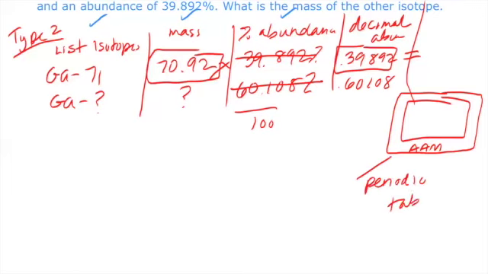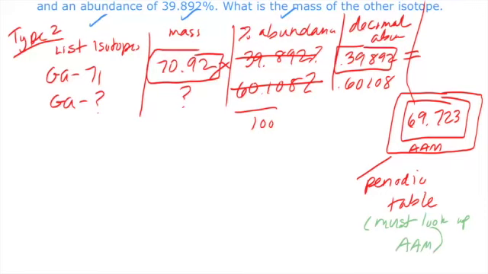So I need to go on my phone and look up average atomic mass of gallium, because I don't have a periodic table in front of me right now. And it says it is 69.723. So for these type 2 problems, that's something that you're going to have to look up, unless it's given to you in the problem, and then you don't have to look it up because you already have it.